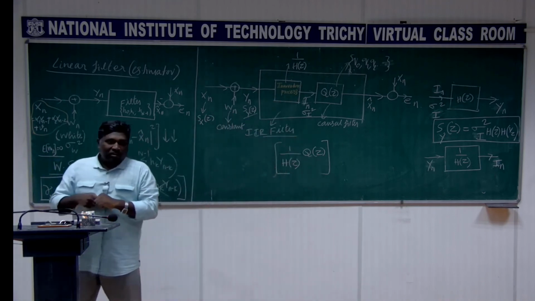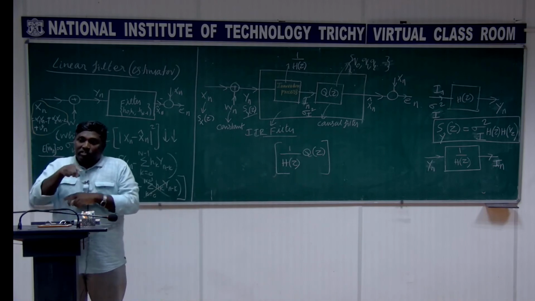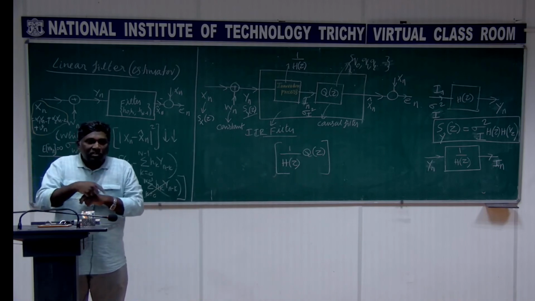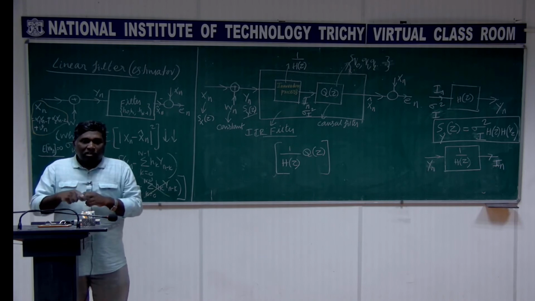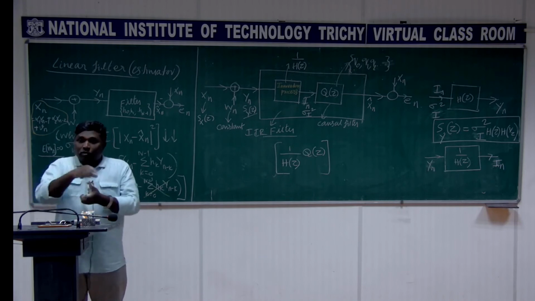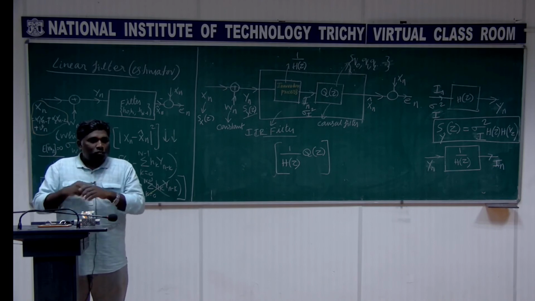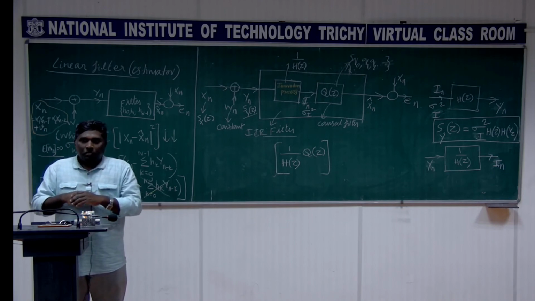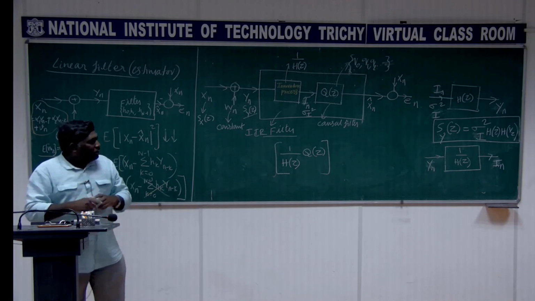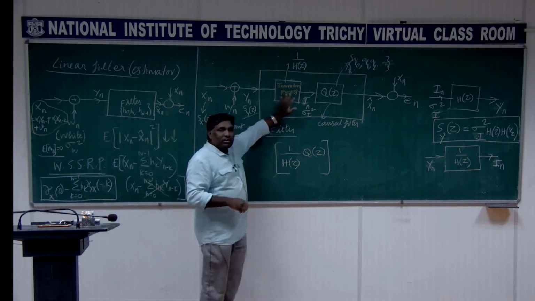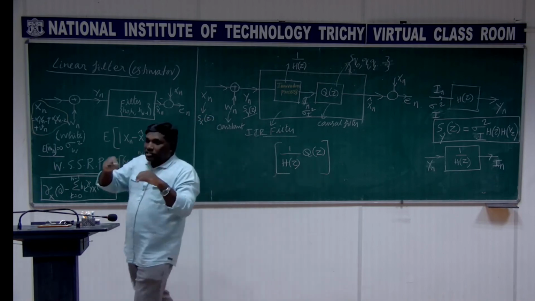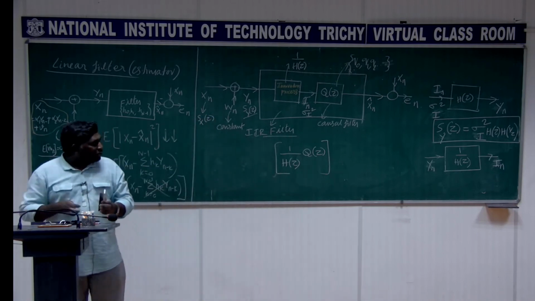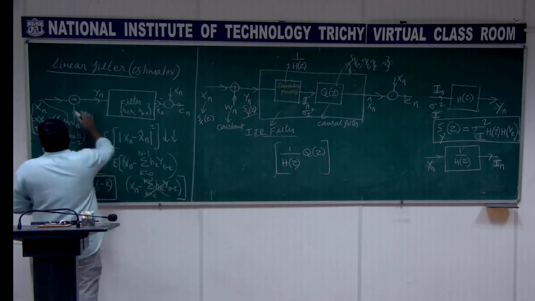It means the zeros of H(z) should lie within the unit circle. Remember that. I choose H(z) such that the zeros lie within the unit circle to make the system stable. So H(z) is very straightforward, and I get this 1 by H(z) very straightforwardly. But what is Q(z)? That needs some work.